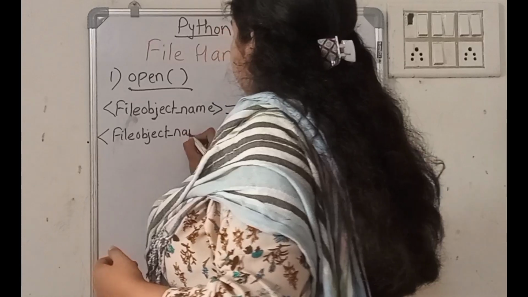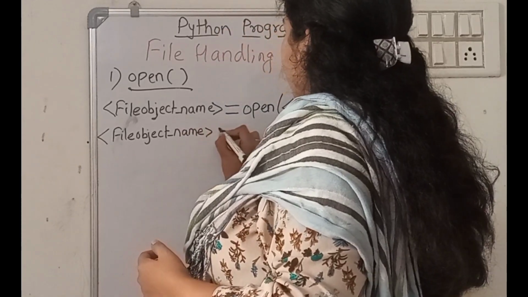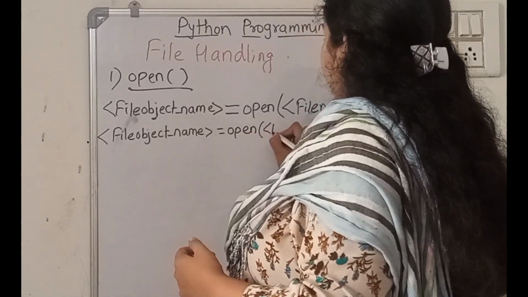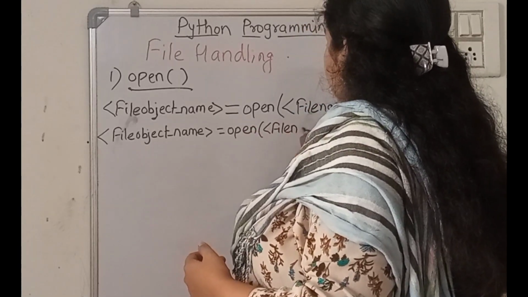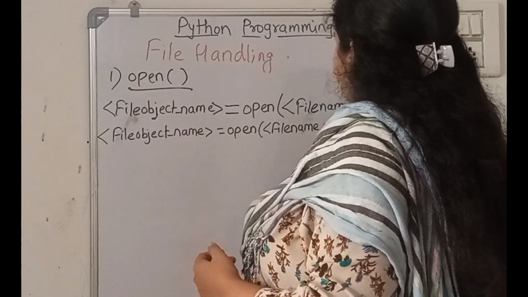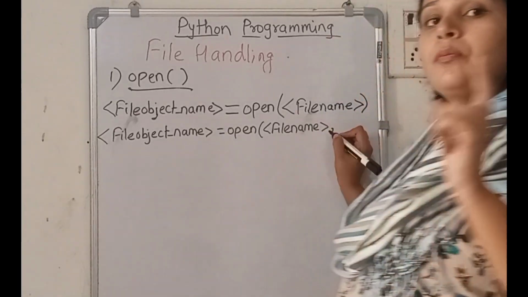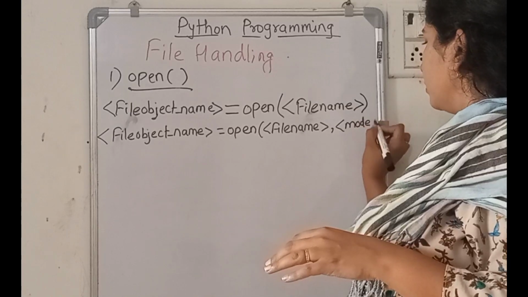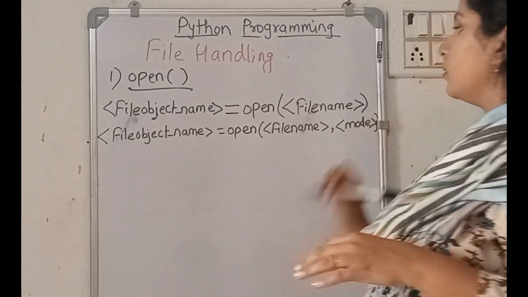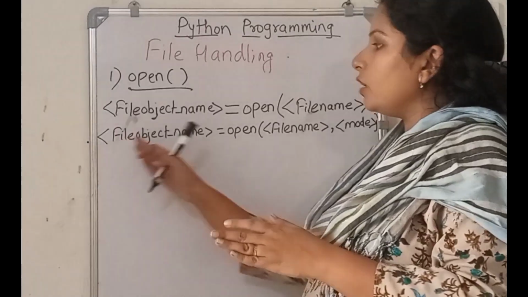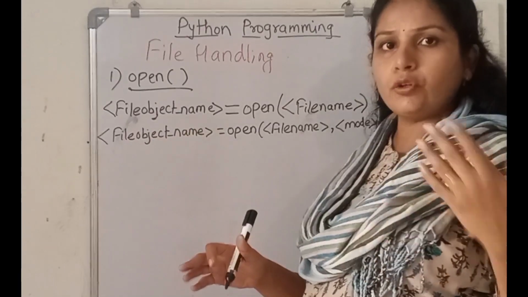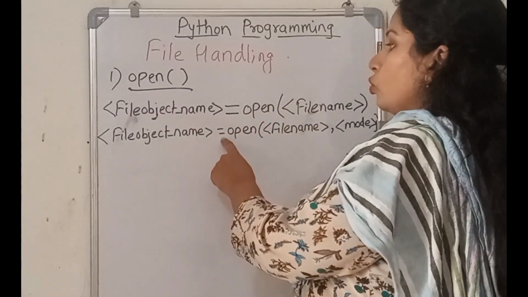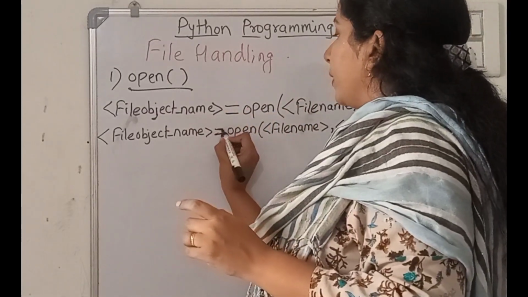File object name is equal to open function. Here file name, comma, mode, any mode. This mode we are going to learn next. So the file object name, the file object that you are creating, is equal to, we are using the equal to operator.